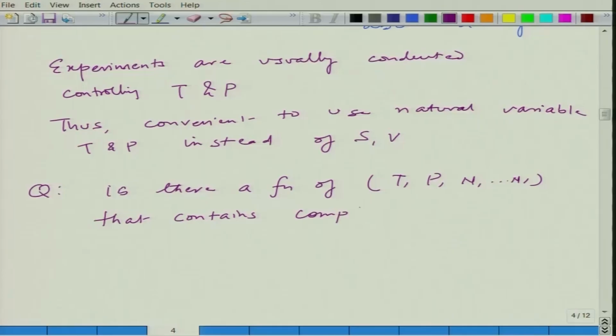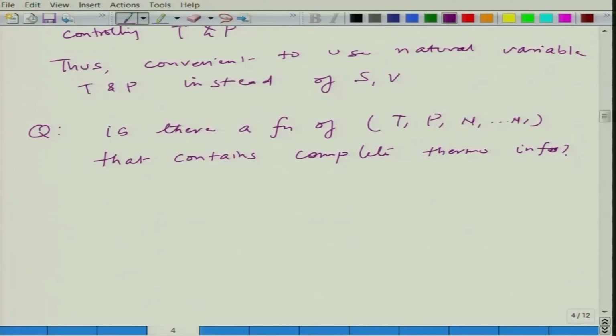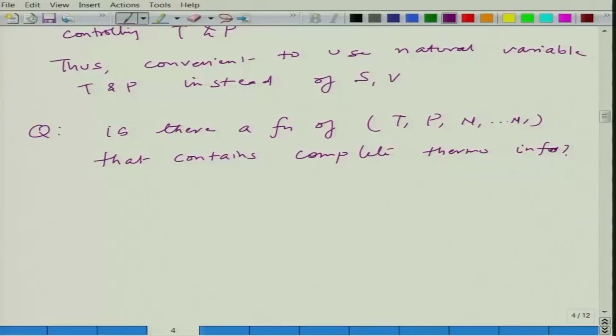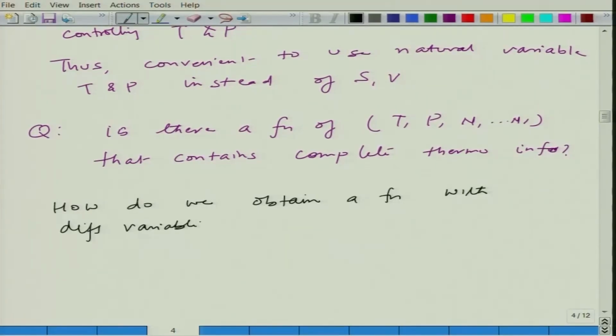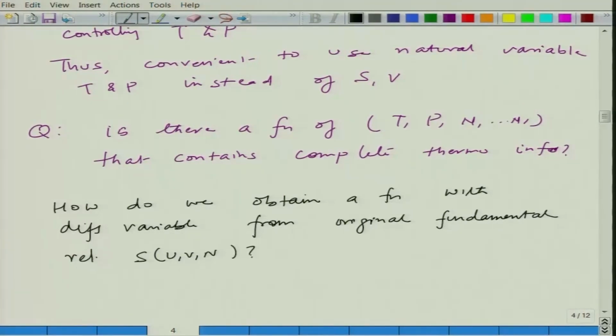That is a very simple question which we are trying to raise: we would like to find the appropriate thermodynamic function where the natural variables are T, P, N, which contains the same complete information as in U and S. So the question is, how do we obtain a function with different variables from the original fundamental relation? So that is the question.